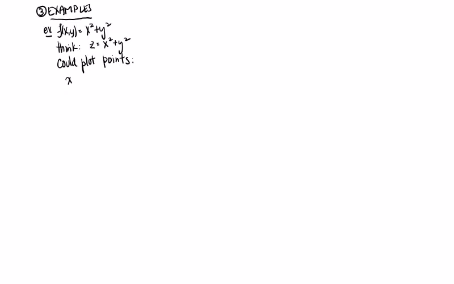So I would plug in x and y, and I would get out a z. Just to sort of see what's going on, if you plug in, say, 0, 0, you get 0. If you plug in, say, 1, 0, you get 1. 0, 1, you get 1. If you plug in 1 and 1, you get 2. If you plug in, say, 1 and 2, you get 5. Actually, let me do one more. If you plug in, say, -1 and -2, you still get 5.